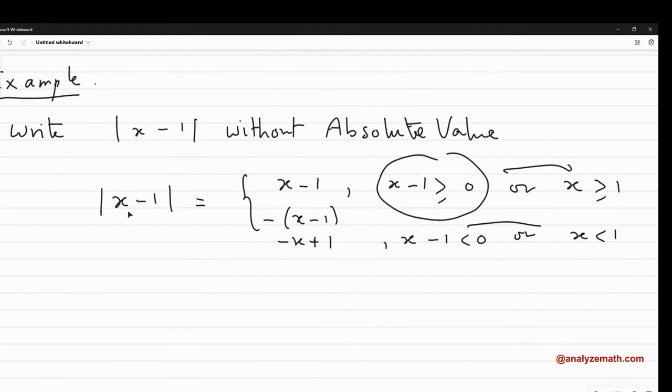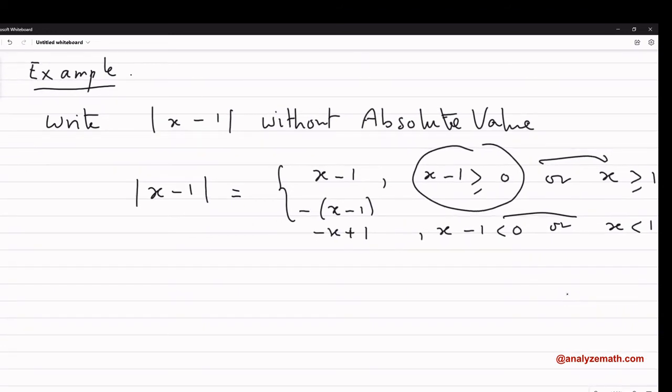So let's put all this together. The absolute value of x minus 1 can be simplified to x minus 1, which means without absolute value, when x is bigger than or equal to 1, and it's equal to negative x plus 1, remember the minus here, when x is less than 1.